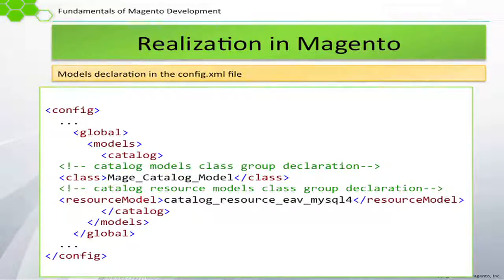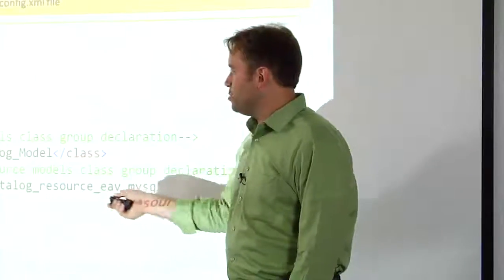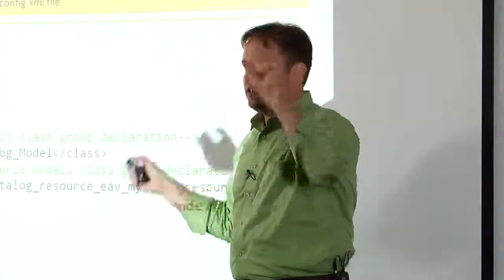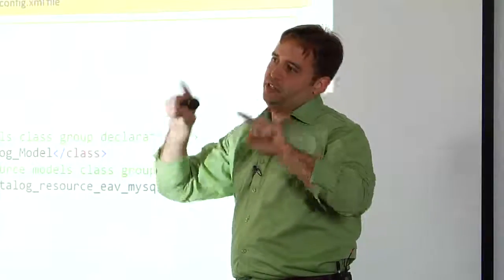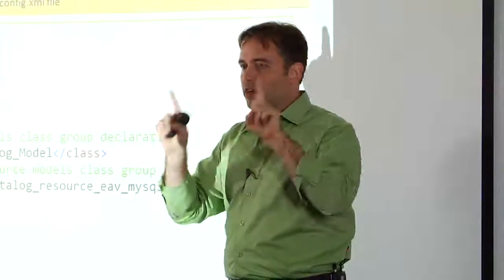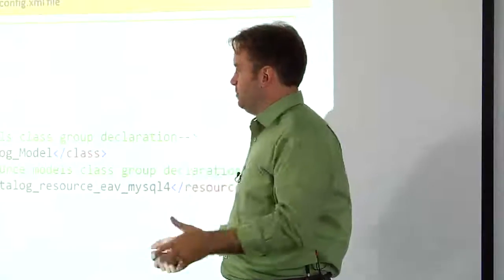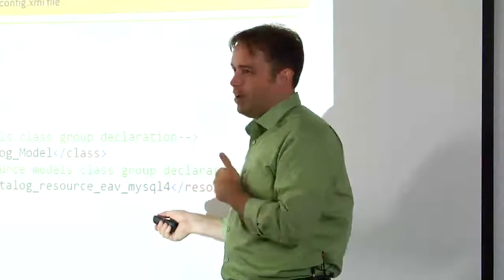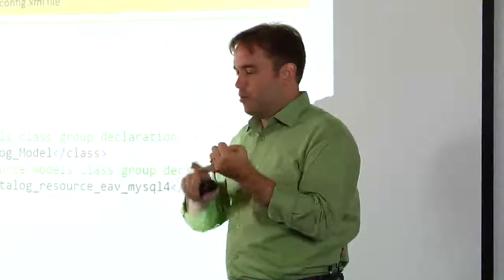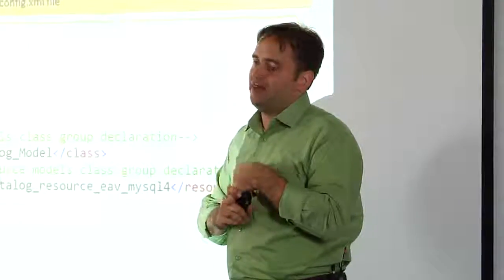Config global models. There's config global models, config global helpers, and config global blocks. This is why those folders are up to you, what you want to call them. This right here is the prefix. Because name and position in the file system are one and the same, this always will map to a file system, and this always will be a prefix for the class name contained in that file.